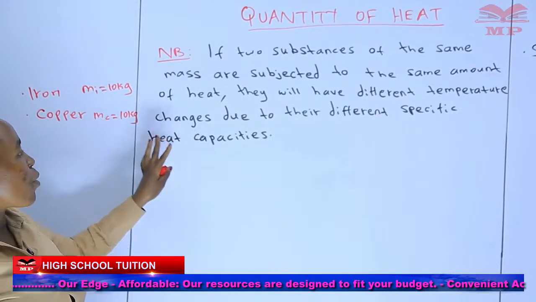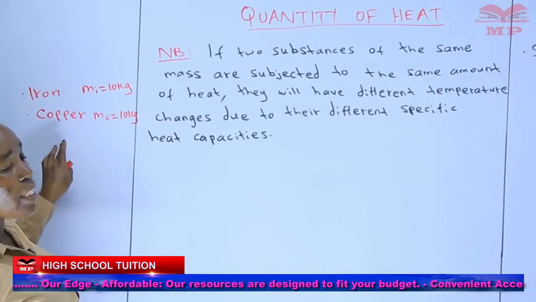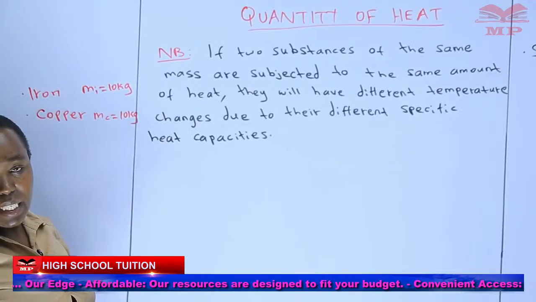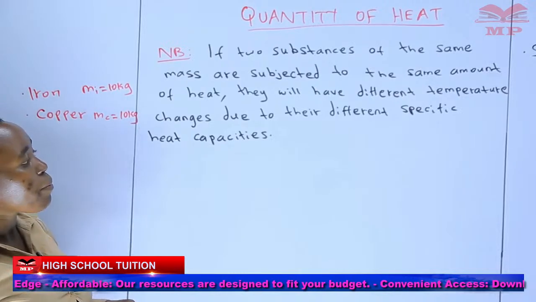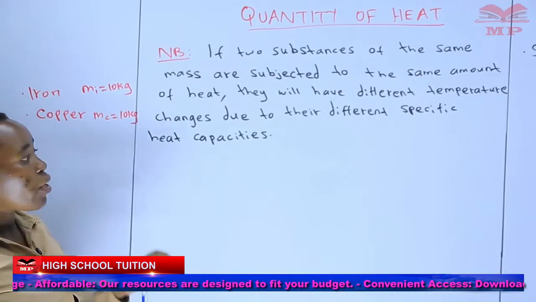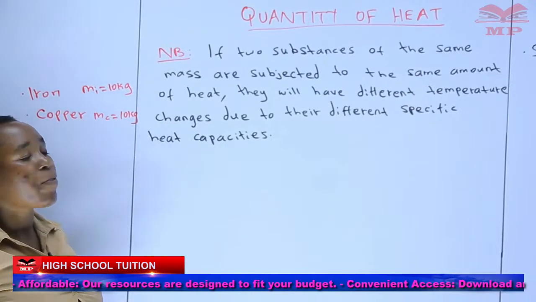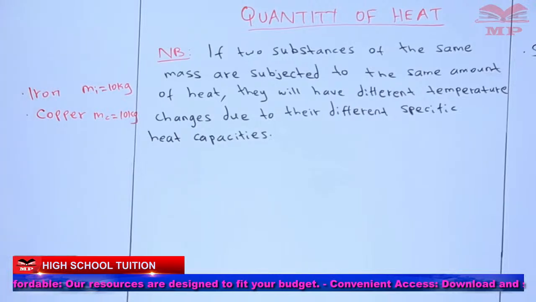Hope that is clear, because these two substances have different heat capacities, and therefore, even if we subject them to the same amount of heat, they are going to experience different temperature changes.